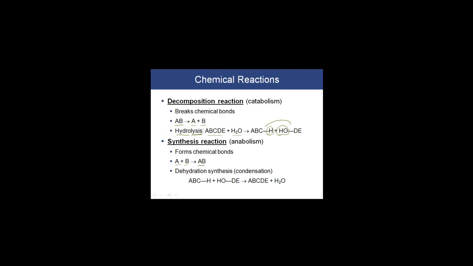Here we take ABC covalently bonded to hydrogen plus OH bonded covalently to DE gives you ABCDE plus water. You've literally taken the H from this molecule and the OH from this molecule, and you synthesized water.